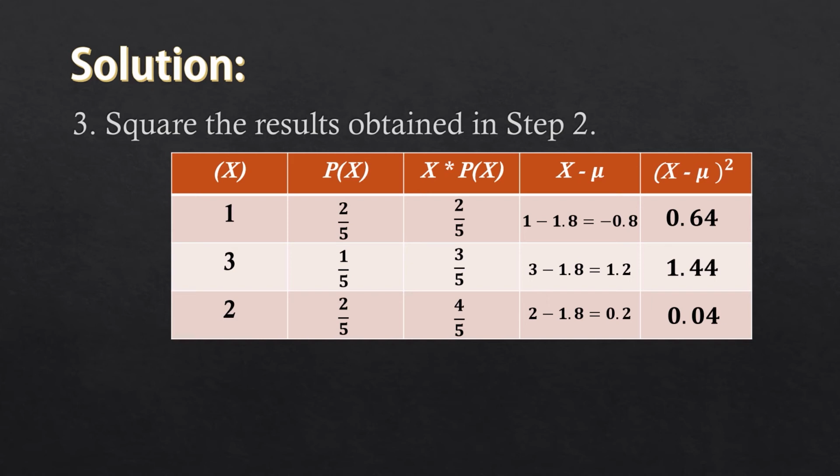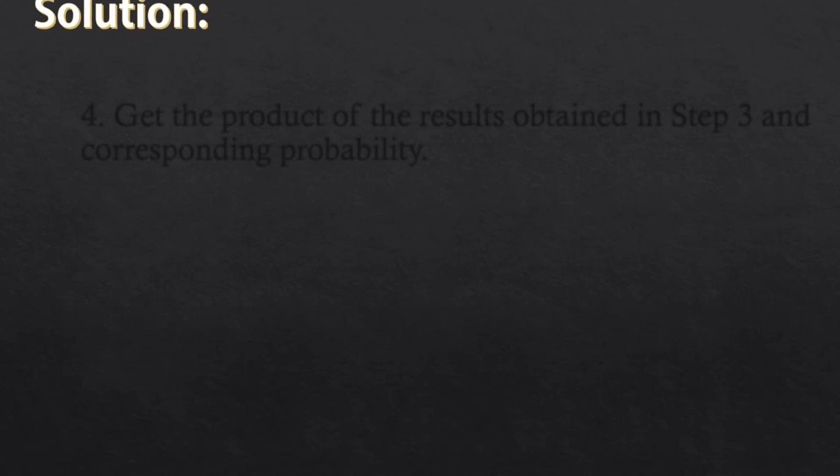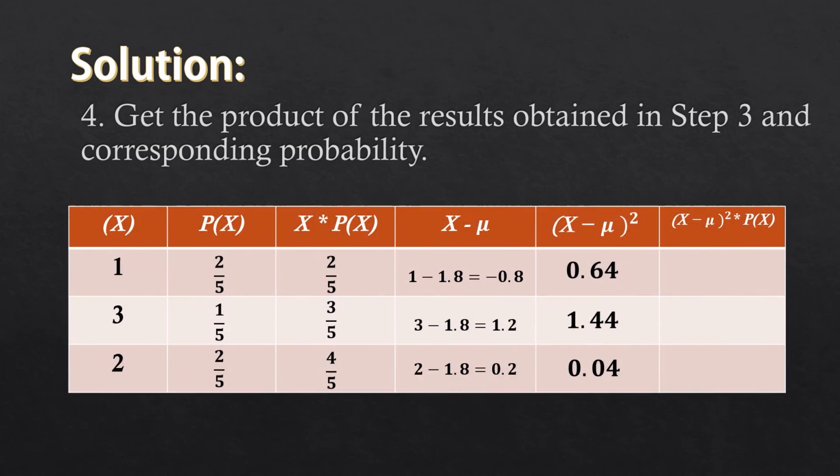For the fourth step in our solution, we need to get the product of the results obtained in step 3 and its corresponding probability. So we need to multiply the squared difference column by the probability column.